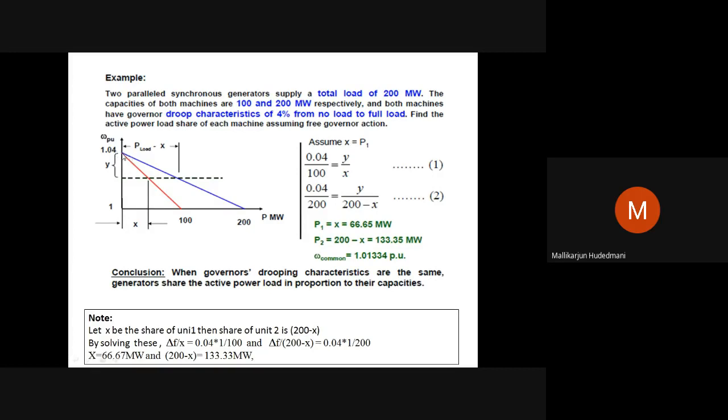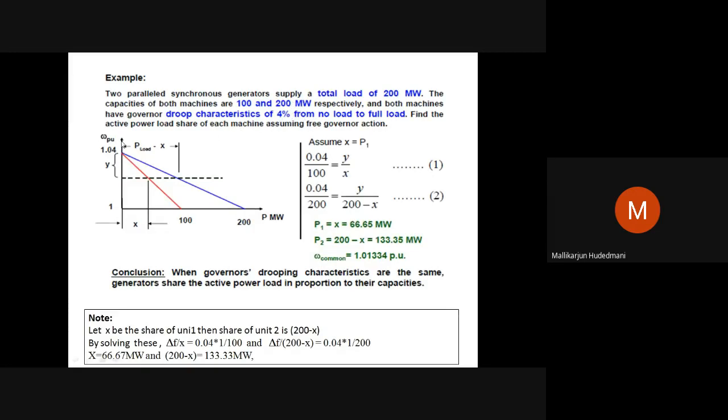Take this point and join it with the capacity of that, 100. I am joining a red line here for machine number 1. Then same for 200 megawatt. From the similar 1.04 PU mark, join it to 200. I just draw a blue line. By chance, if it was 5% for machine 2, what should I do?